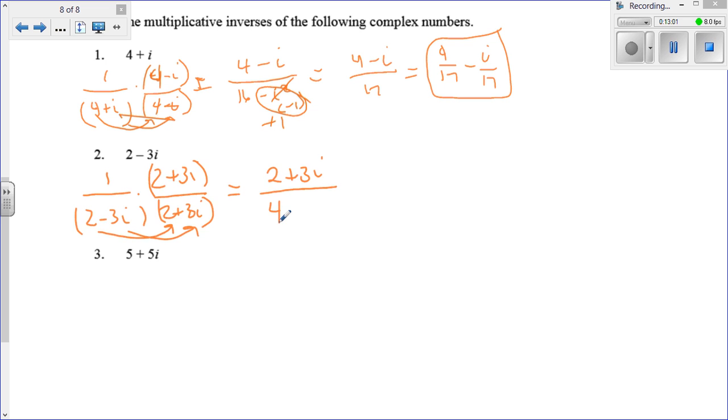I will have 4 minus 9i squared. i squared is negative 1. Those two make plus 9. So it's 2 plus 3i over 13. And then just break it into its parts. So 2/13 plus 3i over 13.